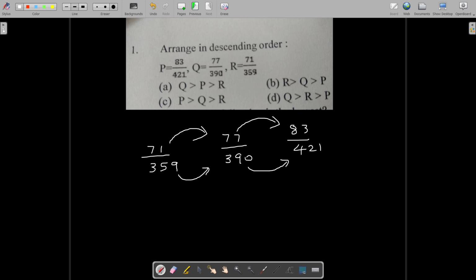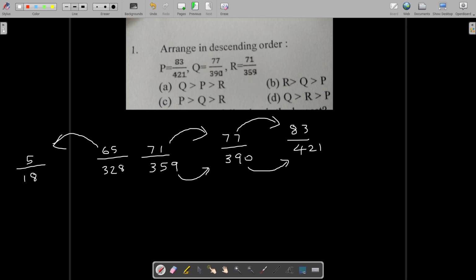Other fractions of this pattern are obtained by subtracting 6 from the numerator and 31 from the denominator. So let's find a small fraction of this pattern. Let's take 10 fractions back. Let's subtract 60 from the numerator, 5, and 310 from the denominator, 49.